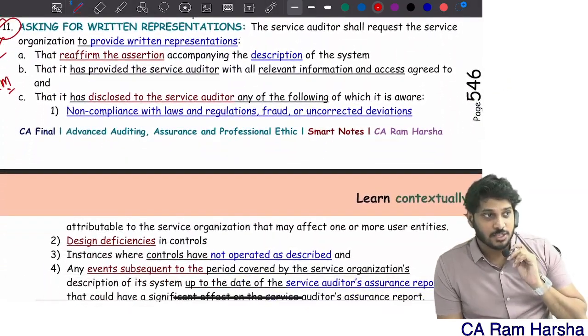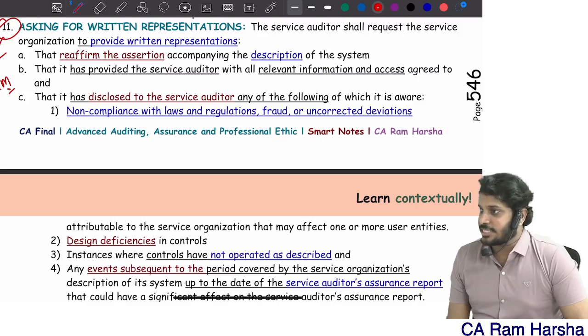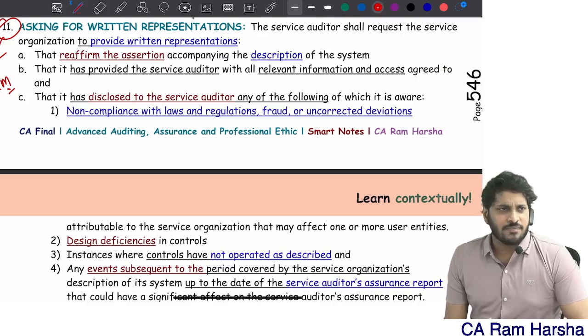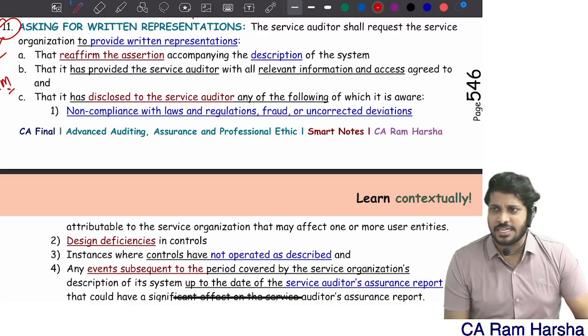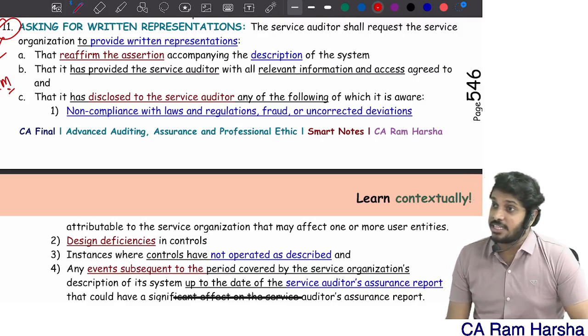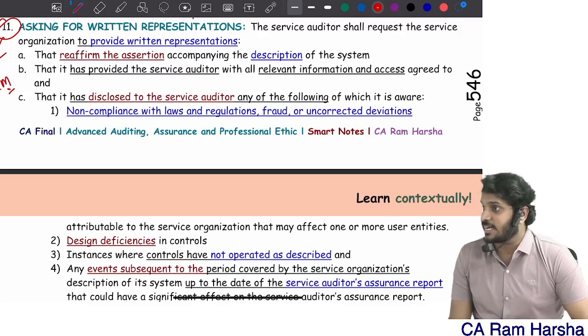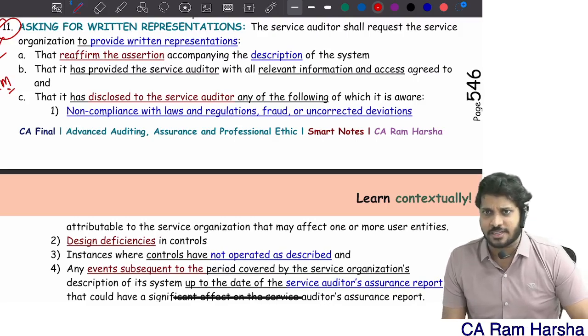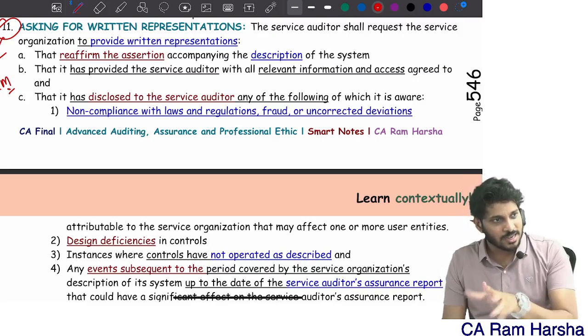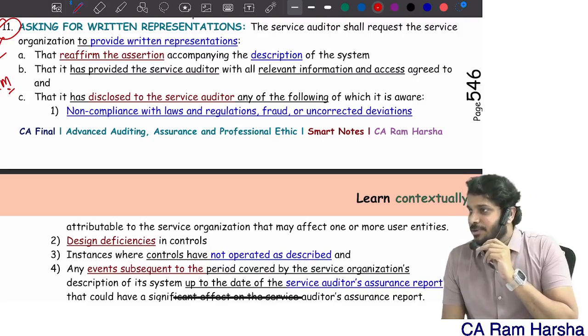Now, when the service auditor is performing this engagement, just like us, he should also take some written representations, right? Of course, he will read the service organization controls which they designed and implemented, and he will test the operating effectiveness. In addition to that, the service auditor will ask for a representation.